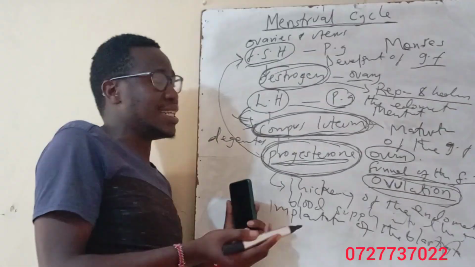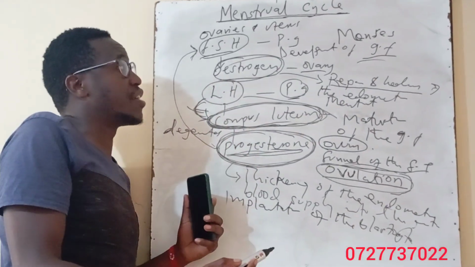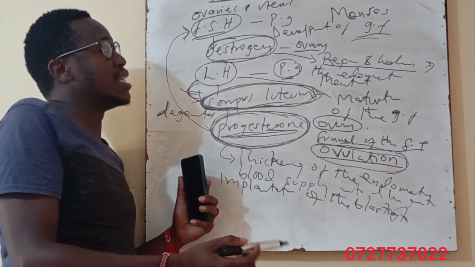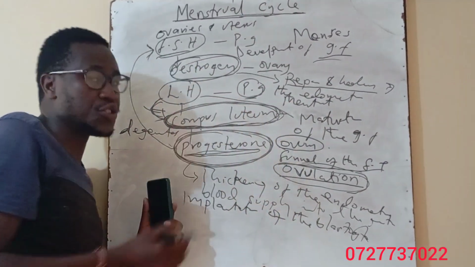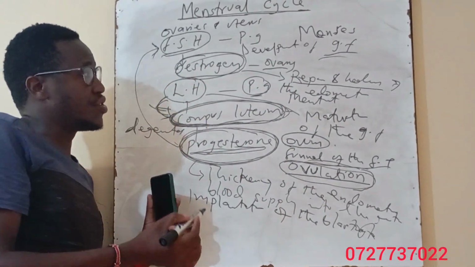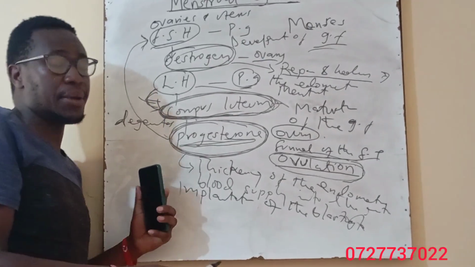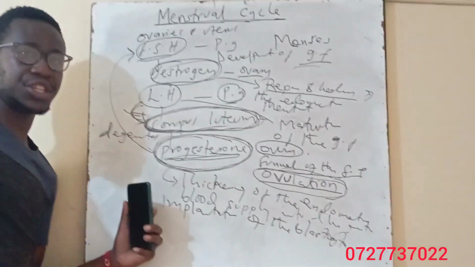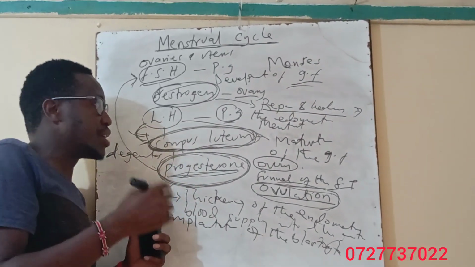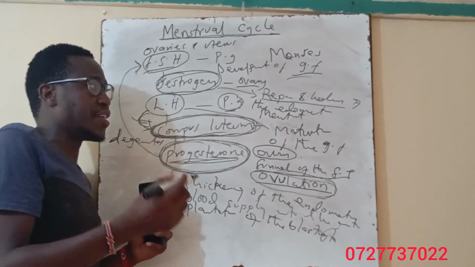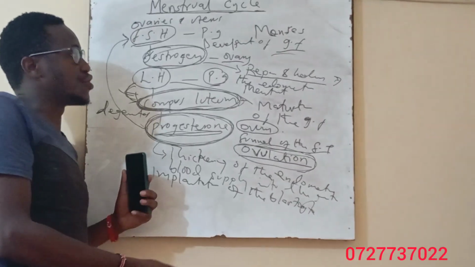It leads to the development of the Graafian follicle, and it stimulates the tissues of the ovary to release another hormone known as estrogen. Estrogen also has two effects. It brings about repair and healing of the endometrium, which has been destroyed during menstruation.